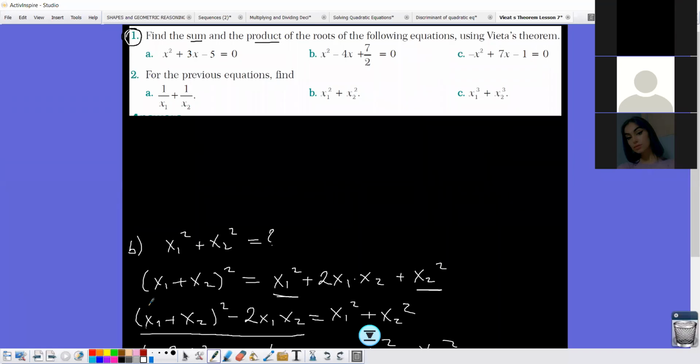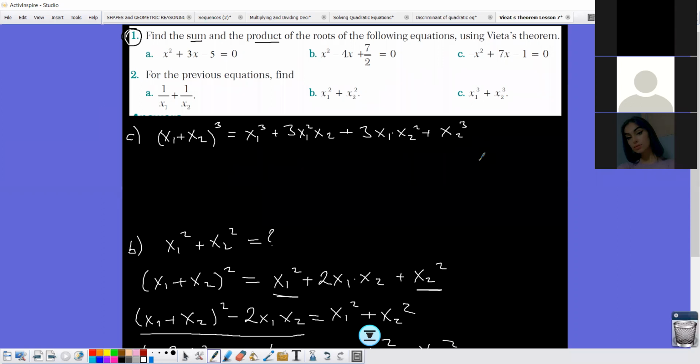So you are talking about this, x1 plus x2 cubed. If you remember how we do it: x1 cubed plus 3 times x1 squared x2 plus 3 times x1 x2 squared plus x2 cubed.